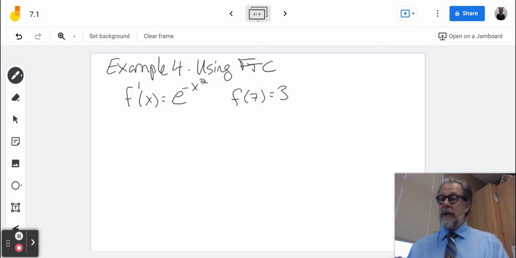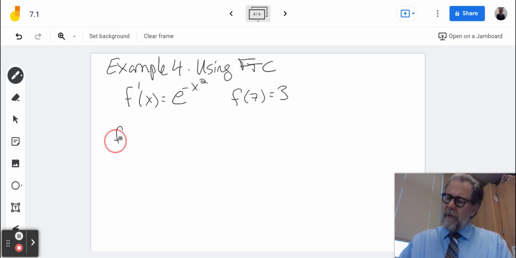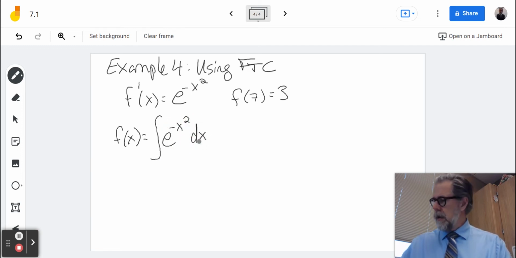We have no idea. There's no way to know. It's unknowable. Nobody knows. But what we can do is we can say, well, hang on a second. The function that has a derivative of e to the -x squared is the integral of e to the -x squared dx, because that's the fundamental theorem of calculus.